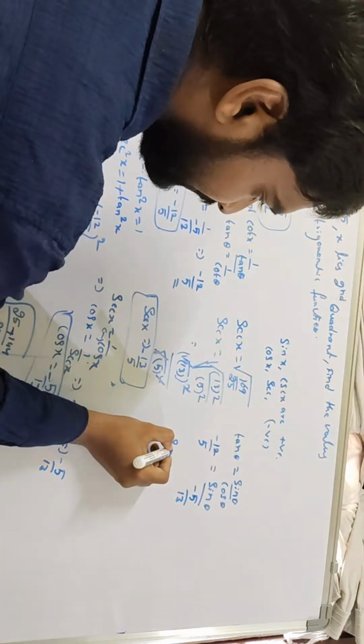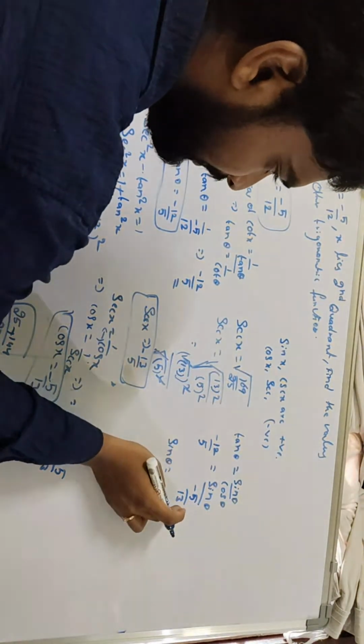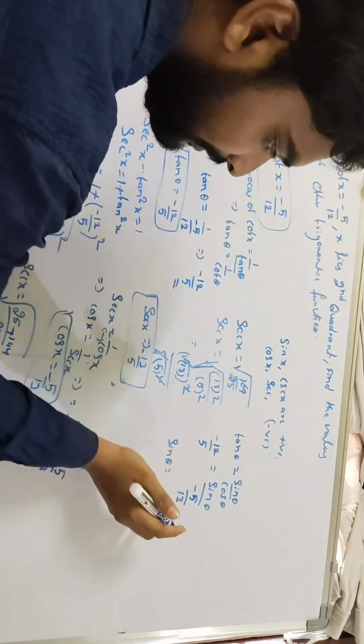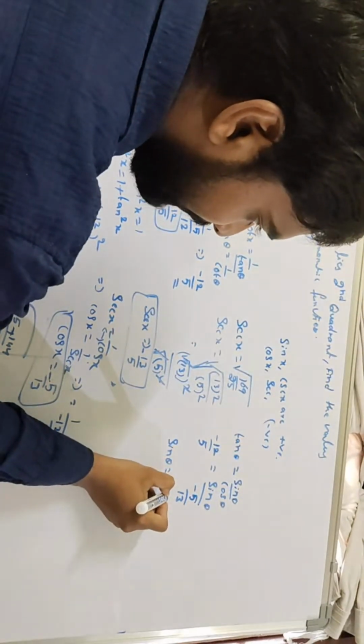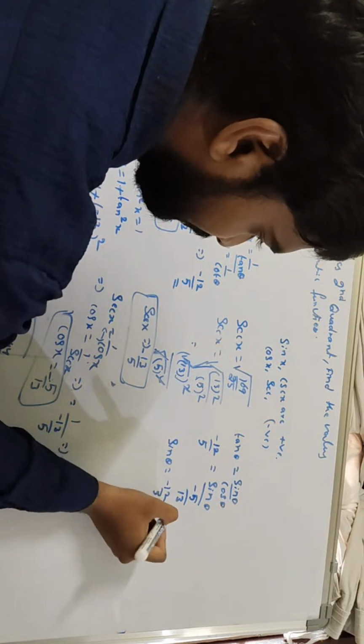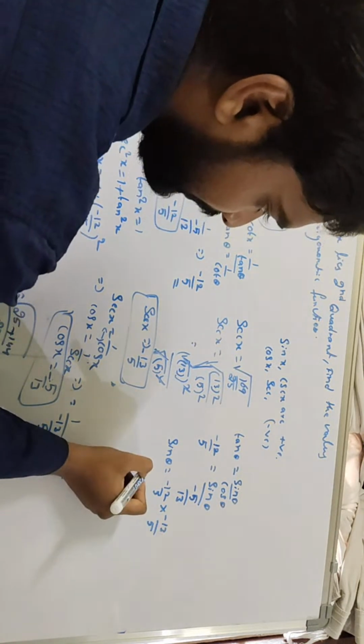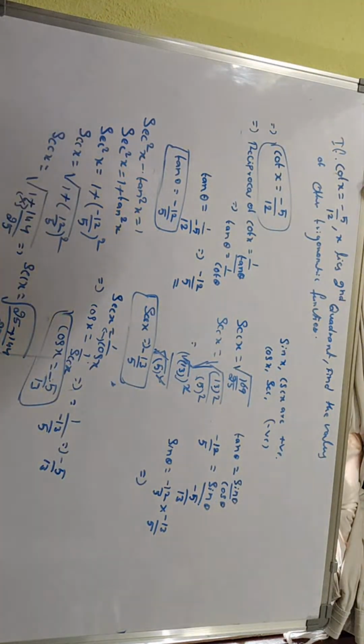So for finding the sin theta value, the fraction goes to the left side of the equation, we get minus 12 by 5 into minus 13 by 5. Okay, minus 13 by 5.